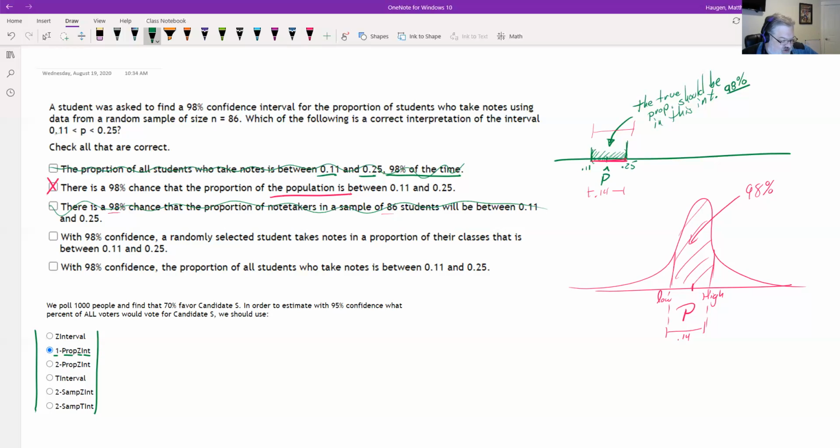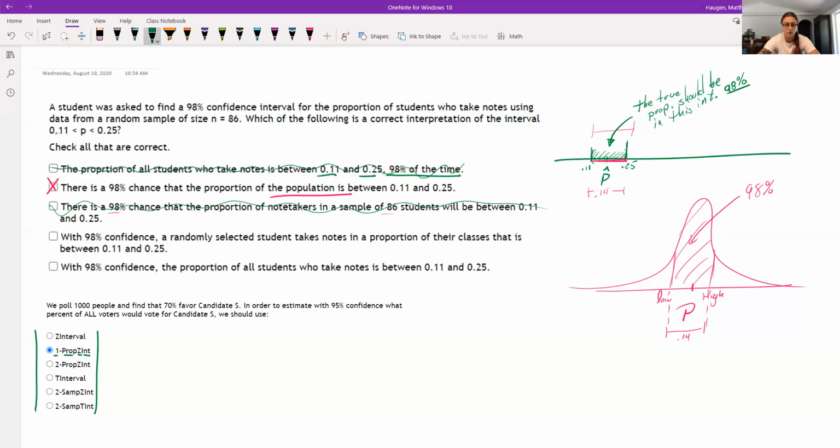With 98% confidence, a randomly selected student takes notes in a proportion of their classes that is between 11 and 25%. How do you feel about that one? I think that sounds okay. No, because it's talking about the proportion of classes.